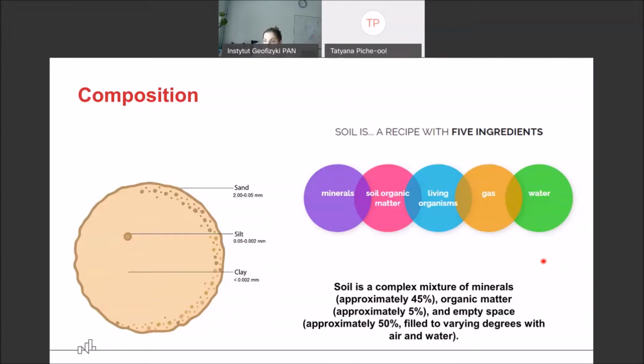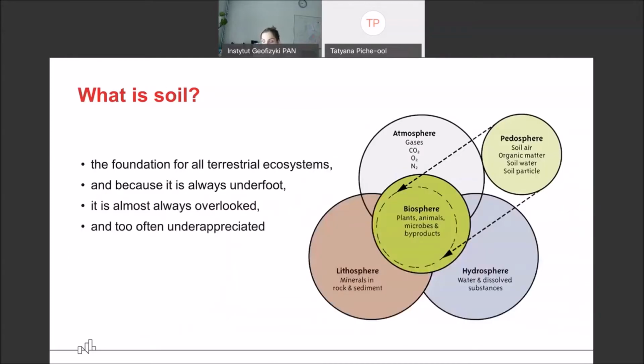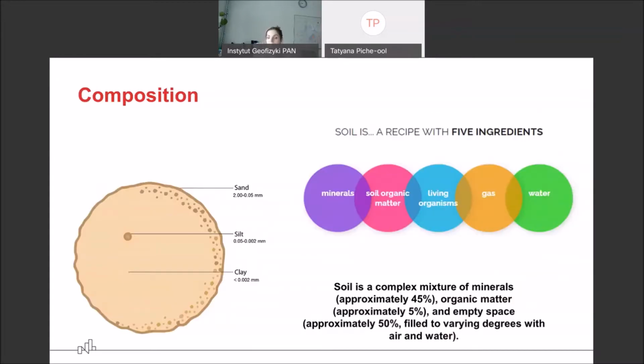So it's more or less like in the atmosphere, but of course the content of particular gases is different than in the atmosphere, and also it varies between soils, and the oxygen actually is critical because it allows respiration of both plant roots and soil organisms.